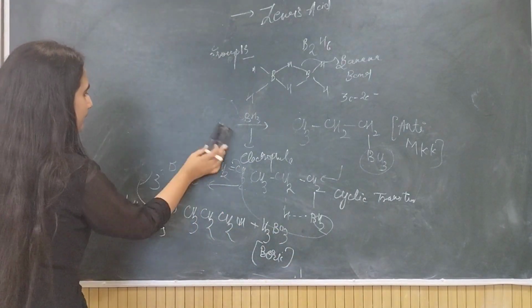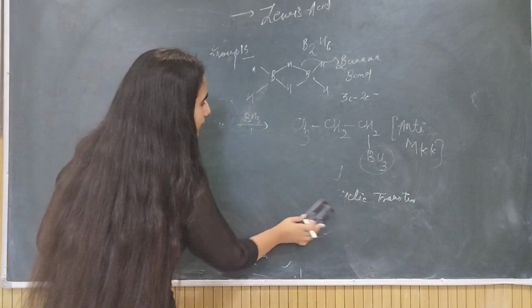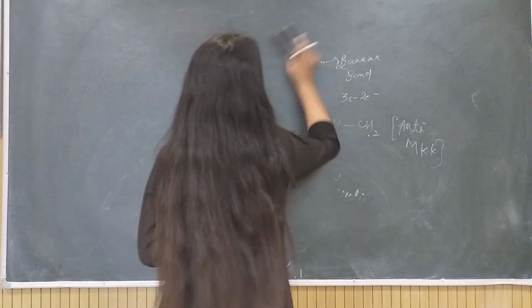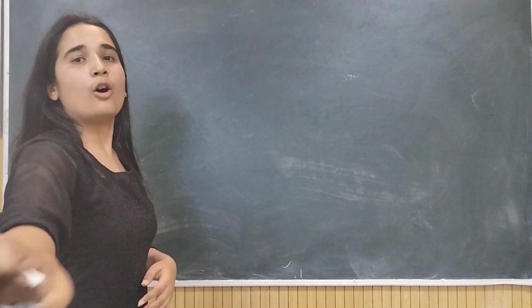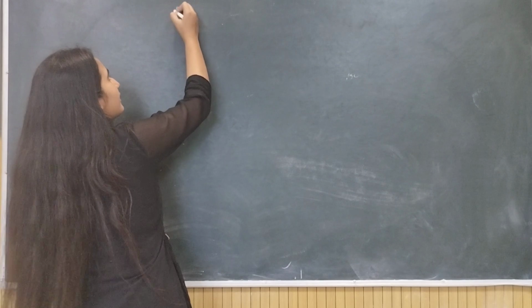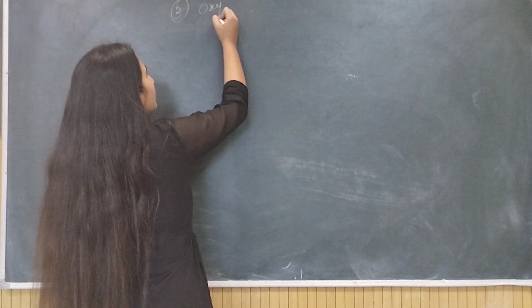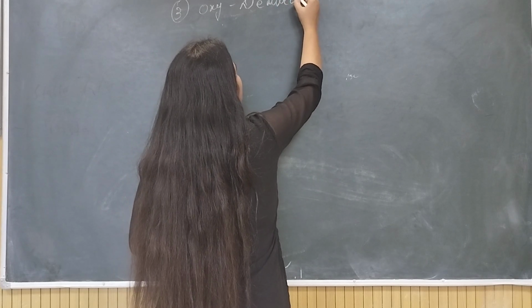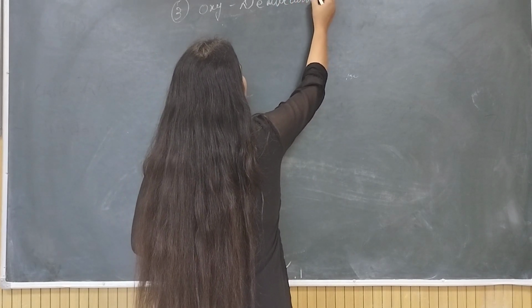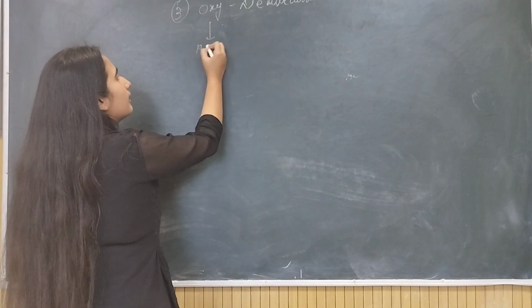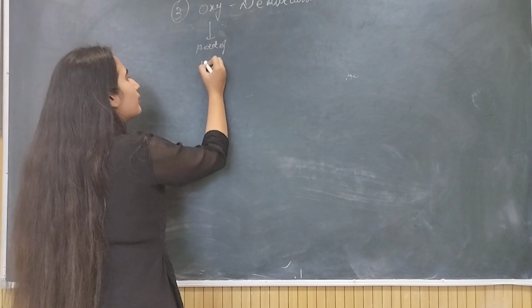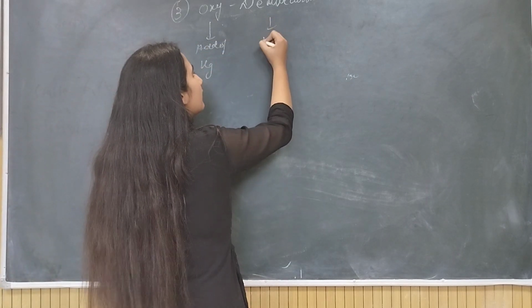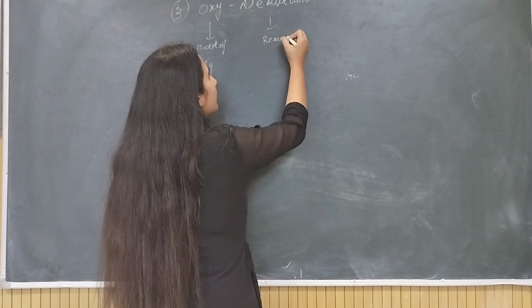Now we discuss the third mechanism, oxymercuration demercuration. Oxymercuration and demercuration suggest first the addition of mercury and then the removal of mercury.